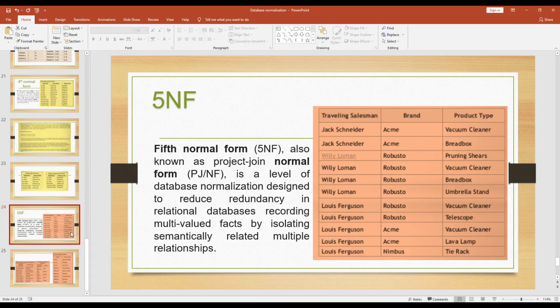Fifth normal form, also known as project-join normal form, PJNF, is a level of database normalization designed to reduce redundancy in relational databases recording multivalued facts by isolating semantically related multiple relationships.